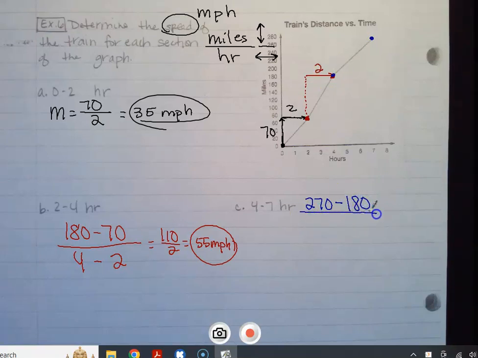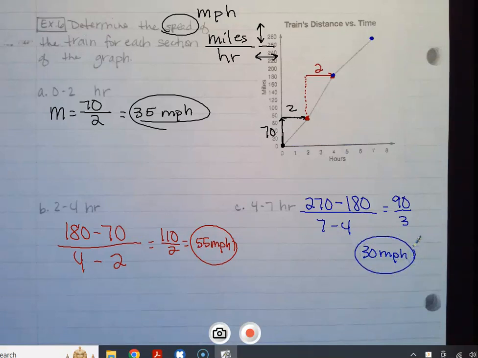Good. Over, what time was it here? 7 minus 4. So 270 minus 180 is 90. 7 minus 4 is 3. 90 divided by 3 is 30. So we've got 30 miles per hour.